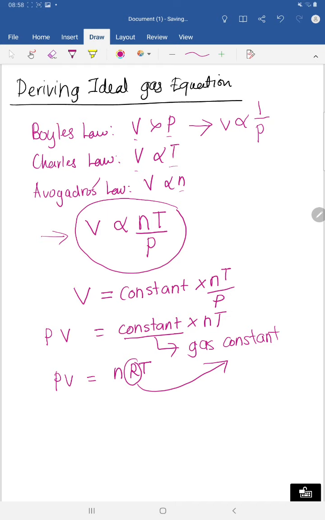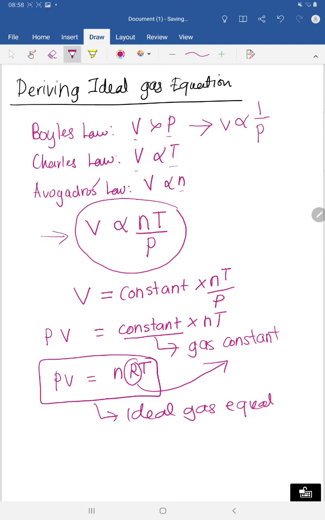You can check the list of constants that I already shared with you earlier in this semester. We're going to use this equation for most of the ideal gas equation exercises. From this ideal gas equation, we can derive another two equations, which relate the ideal gas equation with molar mass as well as with density.